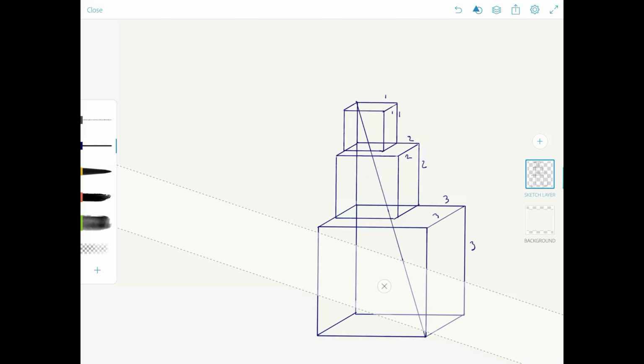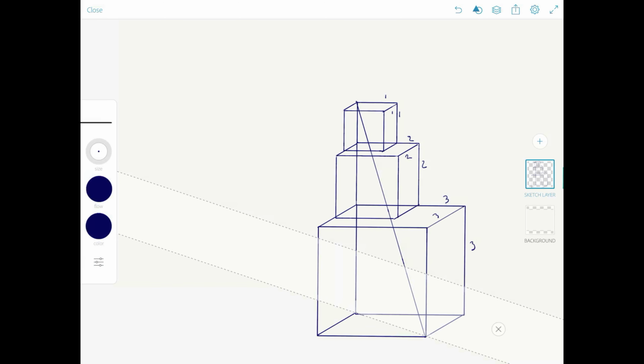So here we have a line that starts from this corner, and we go down. We drop down to the bottom corner. Okay, and lastly, we go this here. It's a matter of getting my line lined up properly.